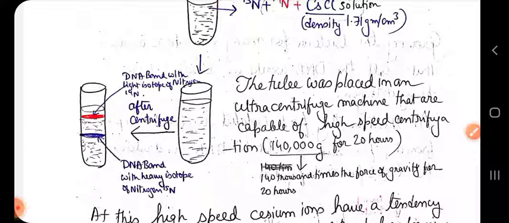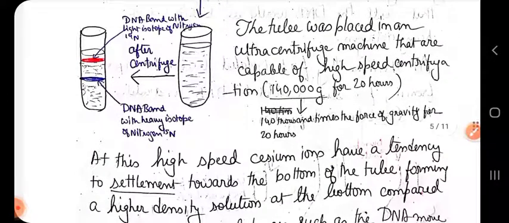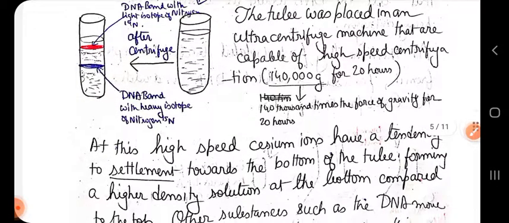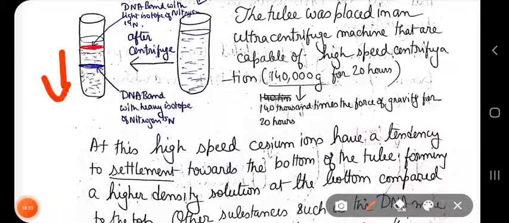After centrifugation at this high speed, as you can see in the picture, the cesium ions have a tendency to settle towards the bottom. So they settle towards the bottom.